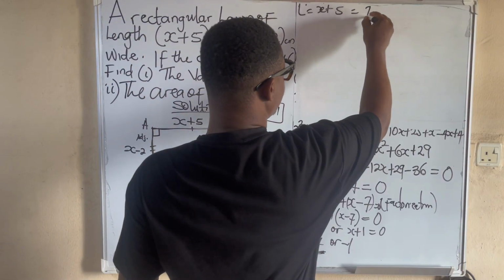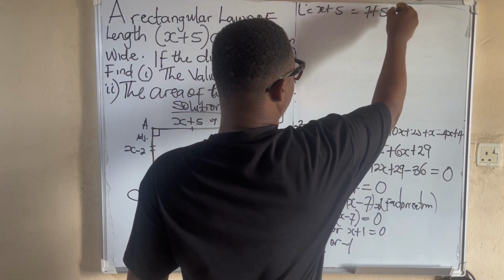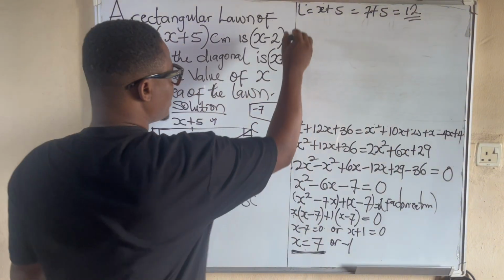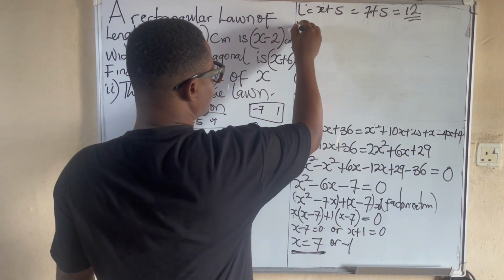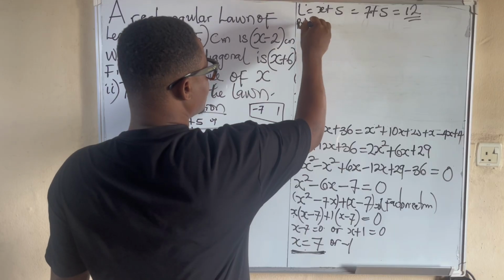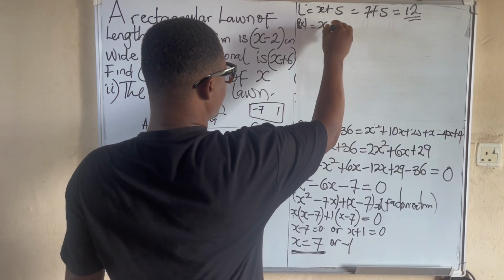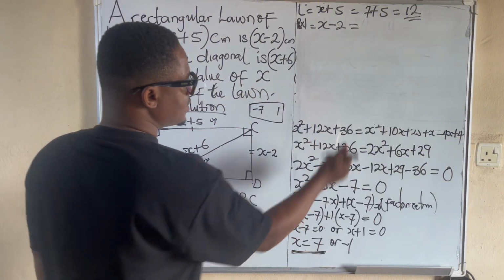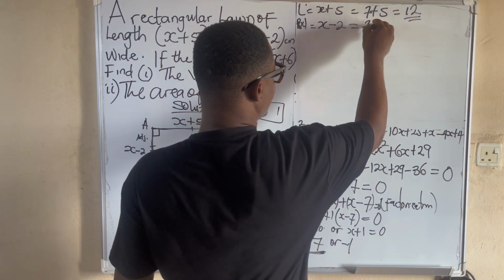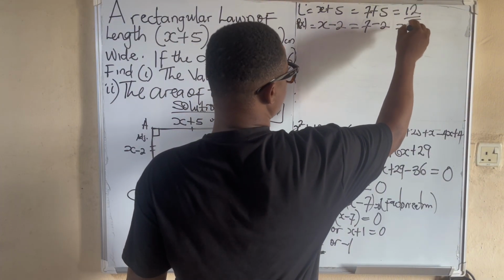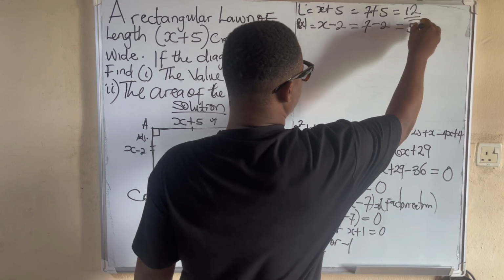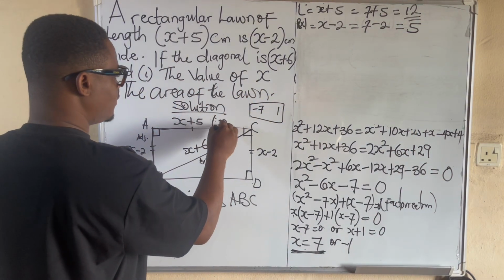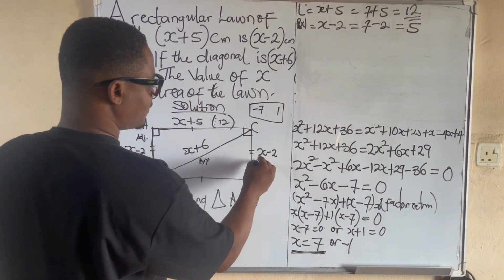So we have 7 plus 5, and that is equal to 12. Then for the width, or the breadth, which is x minus 2, and the value of x is 7, so we have 7 minus 2, which is equal to 5. So the length here is 12, while the width is 5.